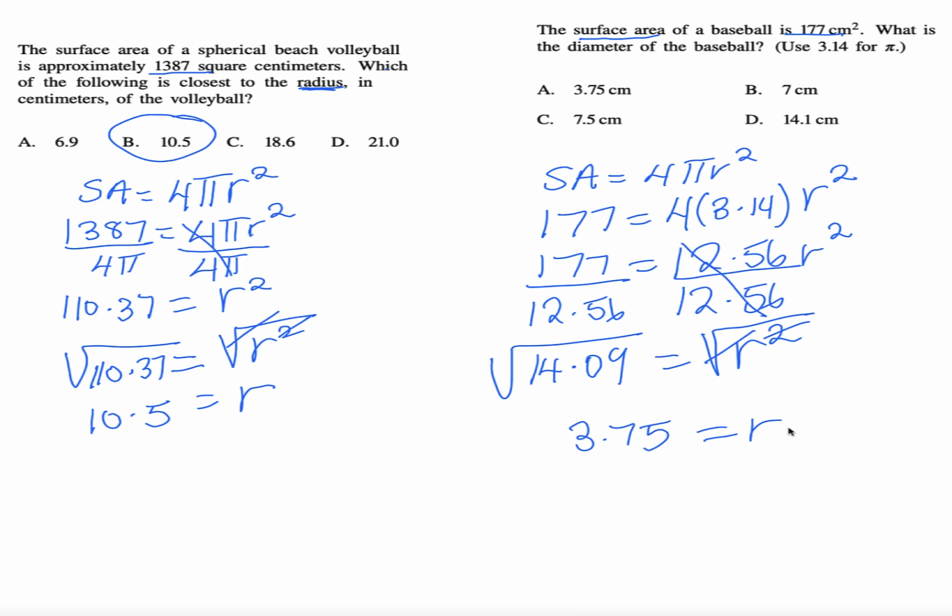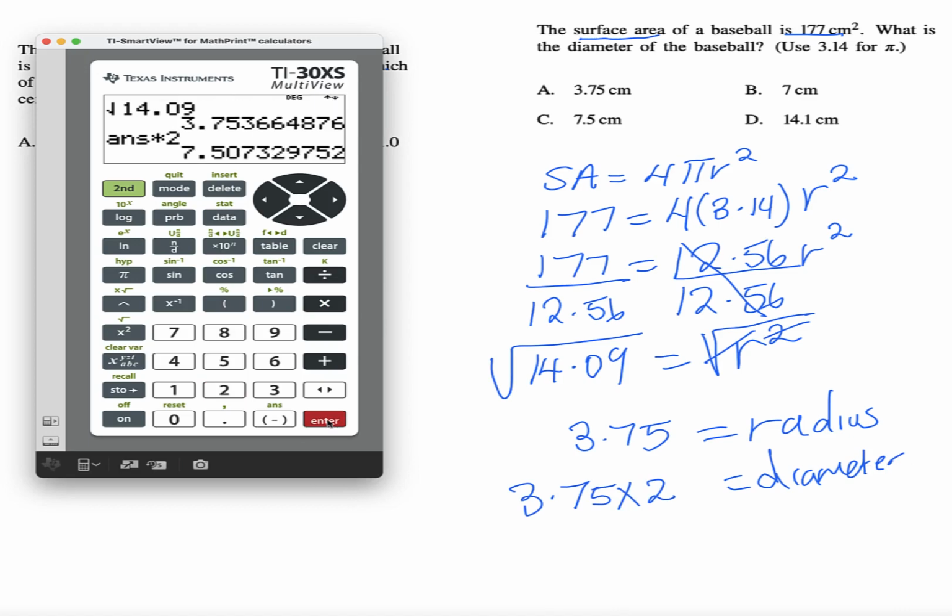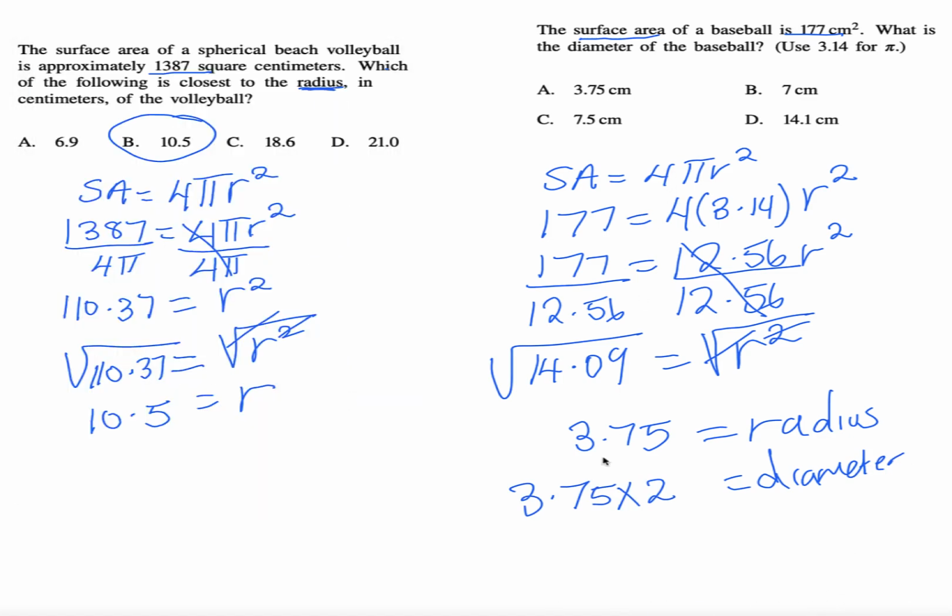Now that 3.75 is the radius. Now we want the diameter. So you're going to have to take 3.75 and times it by 2. And you get 7.5. And that's your diameter. So your answer is C.